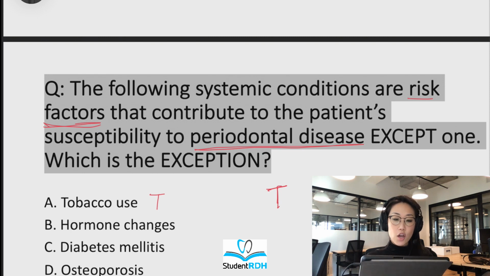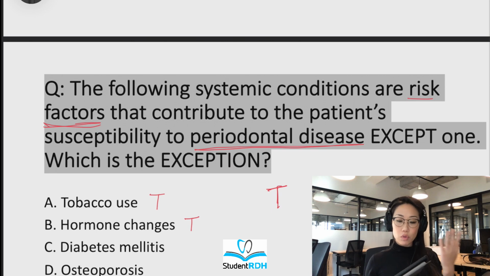When your patient goes through hormone changes such as pregnancy, does that potentially cause periodontal disease? Is that a risk factor? Yes, it is. PG, pyogenic granuloma, is not just for pregnancy, though we call it pregnancy tumor. Men also can have it. But that gives you an idea that hormones can also cause periodontal disease. Now, diabetes.